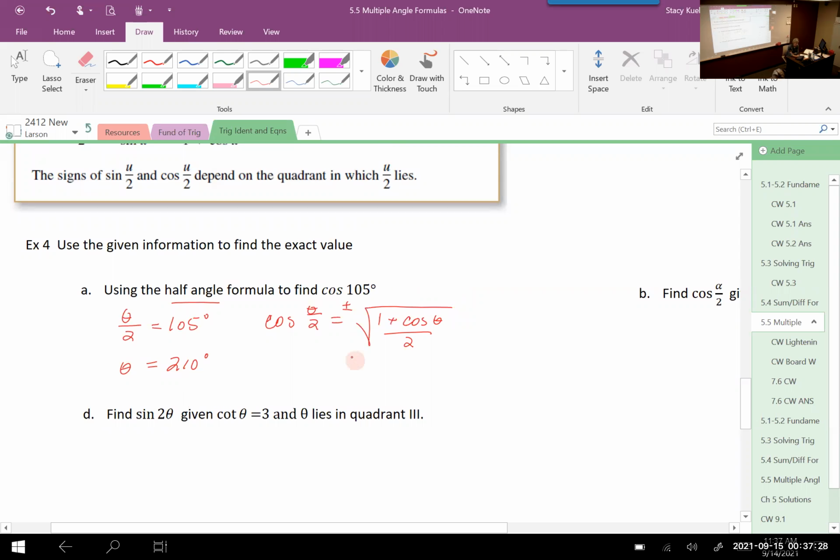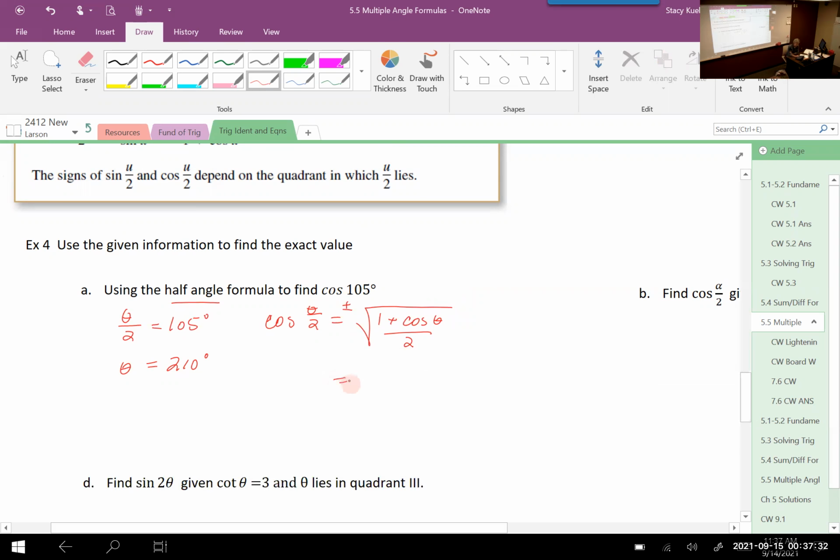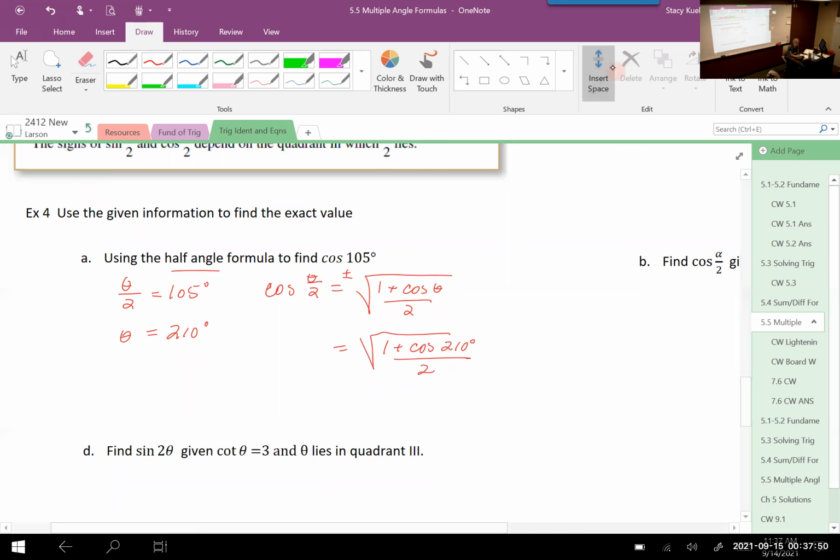And so I can now make a direct substitution here. I've got 1 plus the cosine of 210 degrees, divided by 2, don't I? Because theta is equal to 210. So what is the cosine of 210?